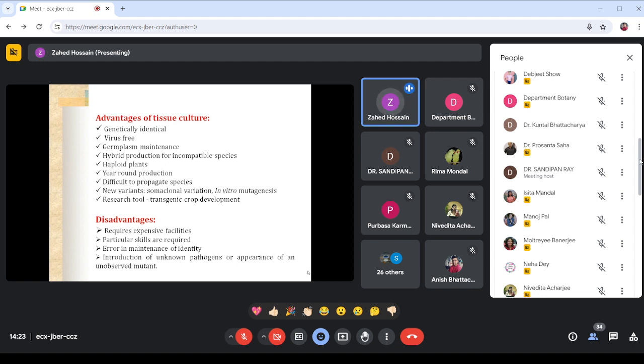That is the main advantage of plant tissue culture. Second, the plants are virus free because you are culturing under aseptic conditions. So it is expected that tissue raised plants are virus free, and it is very easy to maintain a large number of germplasm within a very small space. I will show you some photographs and talk on that.